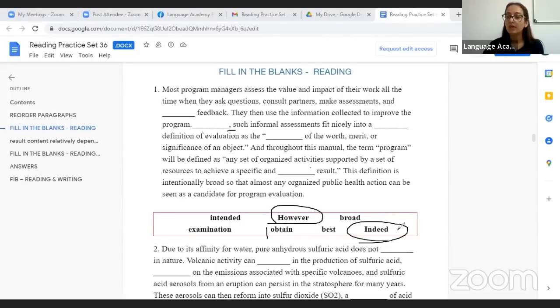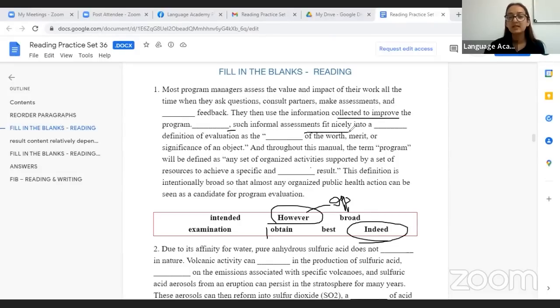We know the use of however, but still most of you have done it wrong. However comes when we go opposite to the previous sentence. That means if the previous sentence is positive, the sentence after however should be negative. But if we look here, the previous sentence was talking positive, collected to improve something, and the next sentence is also positive.